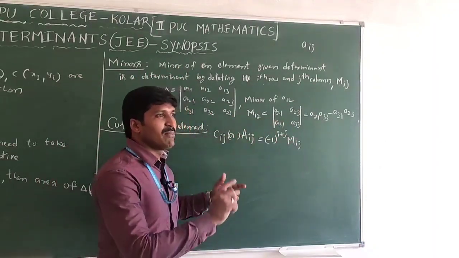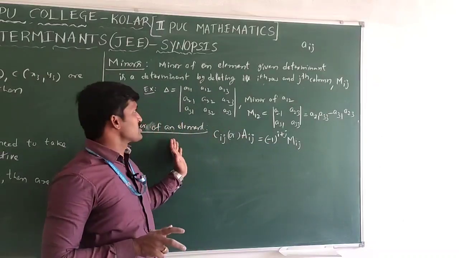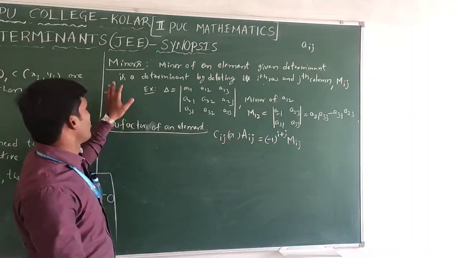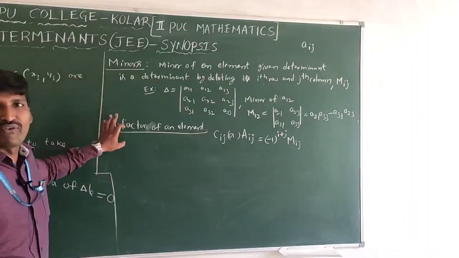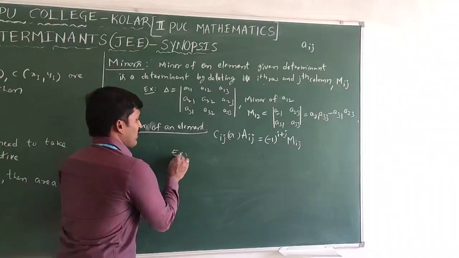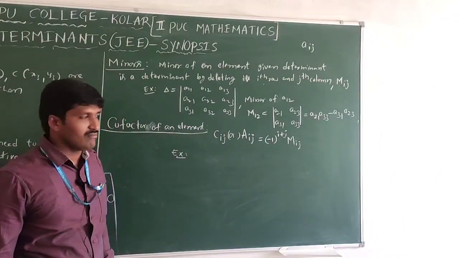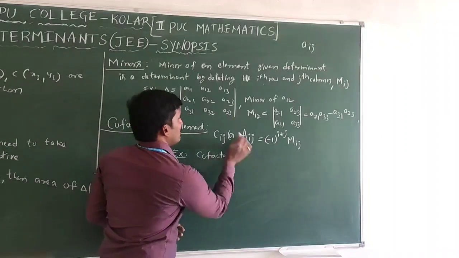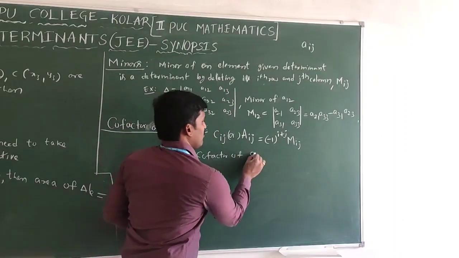Here for cofactor we are multiplying with that sign. That is the difference between minors and cofactors. Here I will find the minor and cofactor of an element. If you want, just discuss one example, how to find the cofactor, same cofactor from the same determinant only, A13 you want to find.